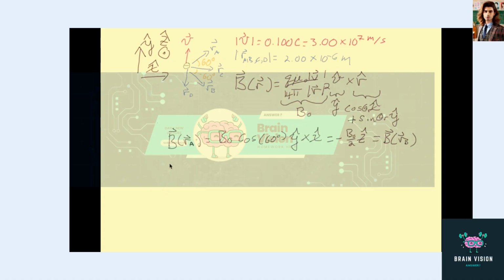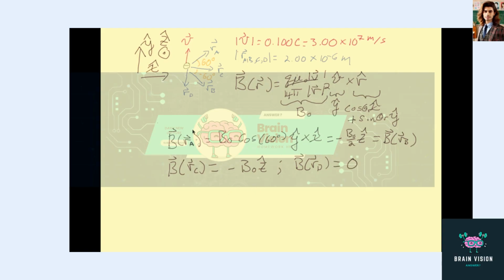Now for RC, the position only has an x component, so we can write this as negative B naught z hat. And for RD, this only has a y hat component, and so we can also write that B of RD is 0.